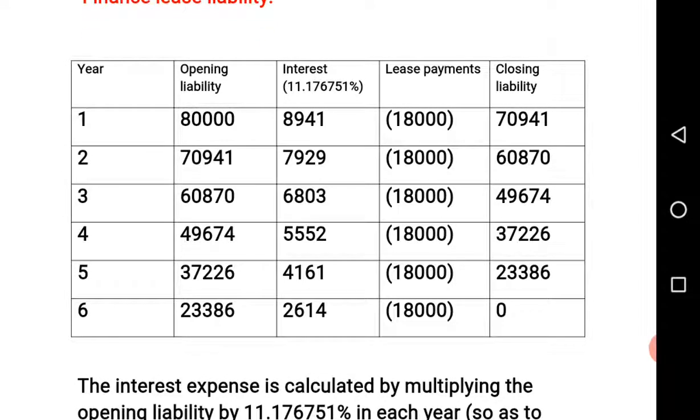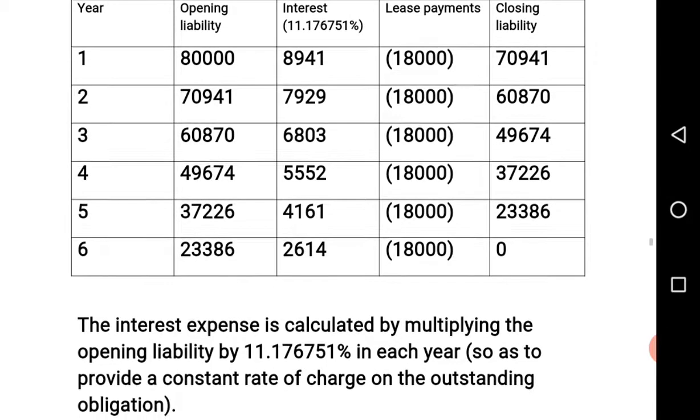So from this we find that the interest rate implicit in the lease here makes the total payments, the total gains that the lessor is going to get, and his expenses equal to each other. That's 0 at the end of year 6. So we have it there.